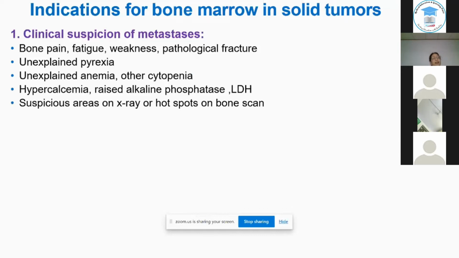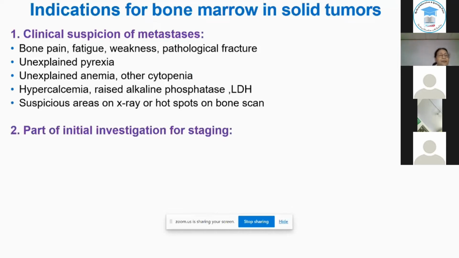Similarly, in the biochemical investigation, if we get hypercalcemia, raised alkaline phosphatase or LDH, they lead us to suspicion of bone marrow metastasis. And also in X-ray, if there are suspicious areas or hot spots on bone scan.